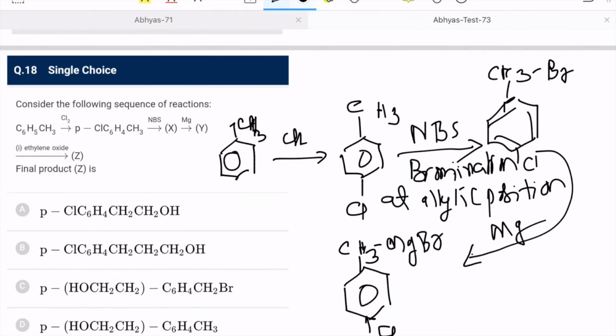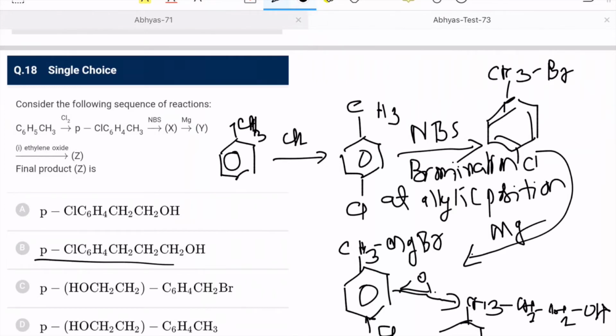Then this will react with ethylene oxide. Cl will be as it is, and here CH2CH2CH2OH is forming. So this is the correct option. B is the correct option.